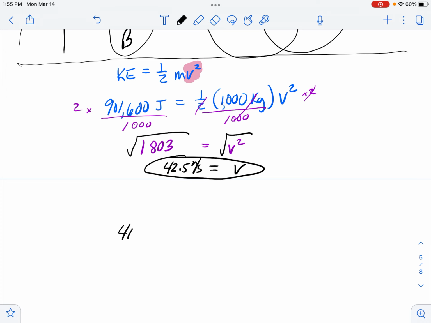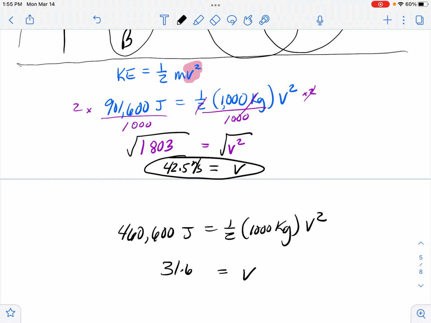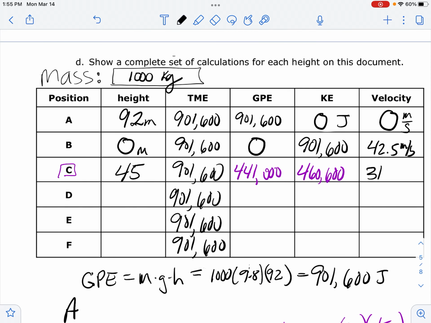So I would get 460,600 joules equals 1/2 of 1,000 kilograms times v squared. Do the algebra, and I get v equals 31.6 meters per second.